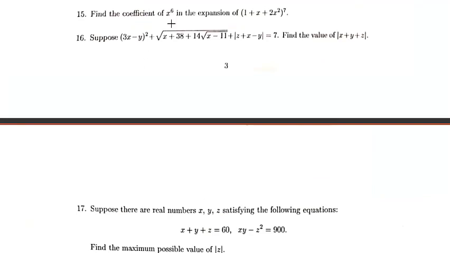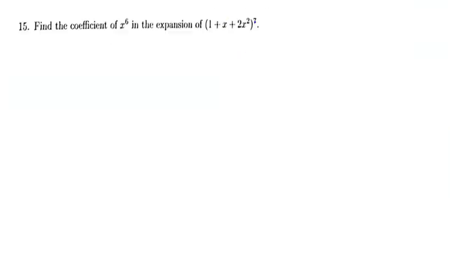Find the coefficient of x^6 in the expansion of (1 plus x plus 2x squared) to the power of 7. Okay, we want 7. Suppose we select, for example, alpha here, beta here, so 7 minus that. Alpha plus beta is at most 7.